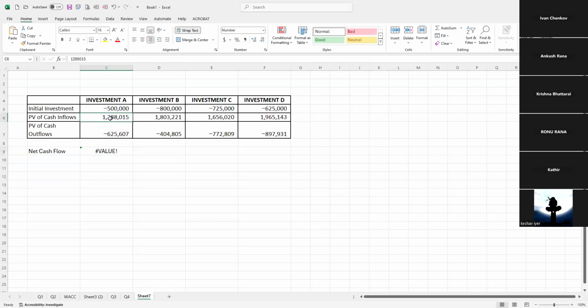But it's not going to accept it because those are not numbers now, those are values, so I have to change them to numbers. And once I change it to numbers, it might, no, it's still not. Minus, sorry.